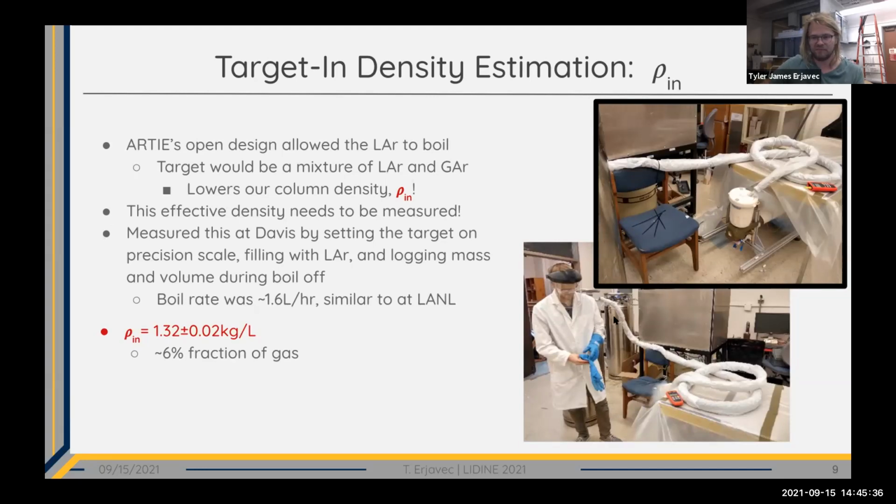Over here, you can see pictures of us doing that; we tinted it to prevent ice buildup. And we found that despite differing atmospheric conditions between Davis and Los Alamos, which is at 7,000 feet, the boil rate was approximately the same. So we were able to get the density of target N, which correlated to around a 6% fraction of gas.